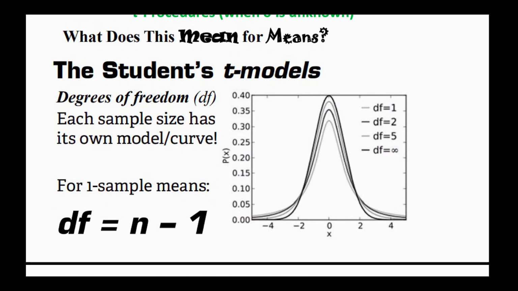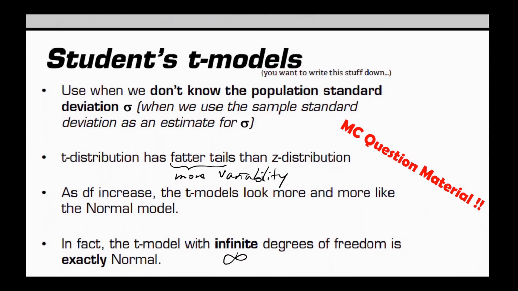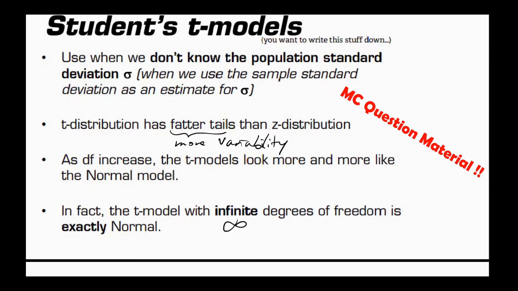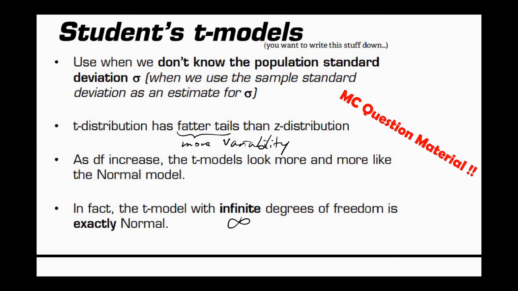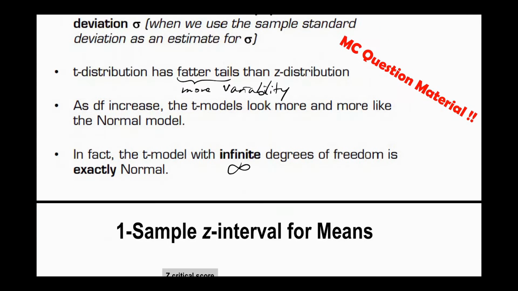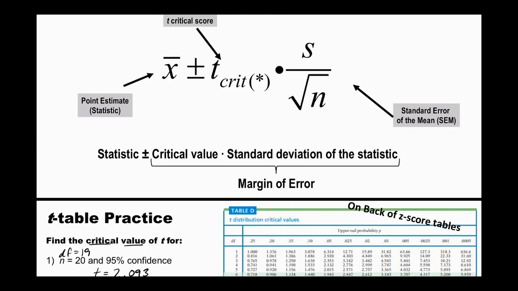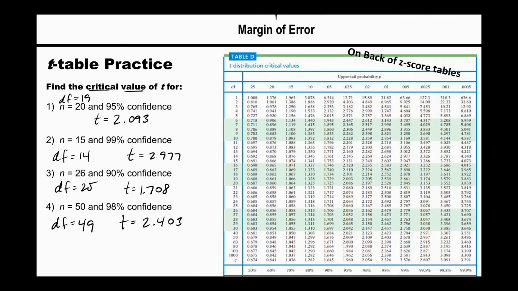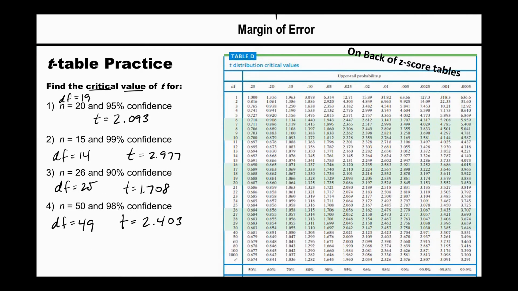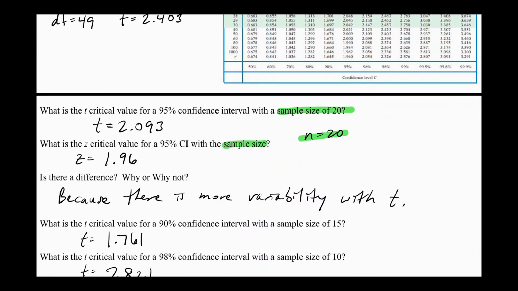Z is kind of that perfect world, which doesn't really happen, but that's what it would be. And then we talked about the same type of thing for T models, and then we looked at the two formulas. We practiced how to find T critical, right? We did that.